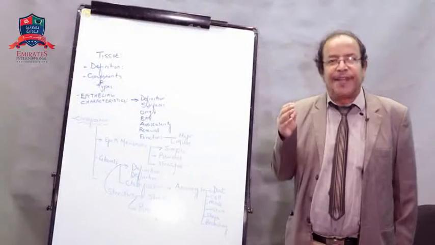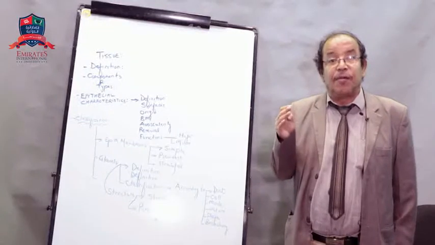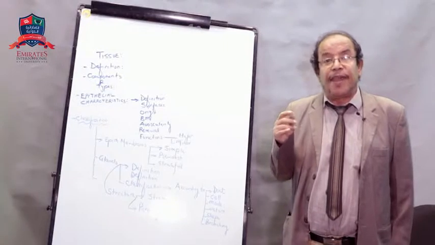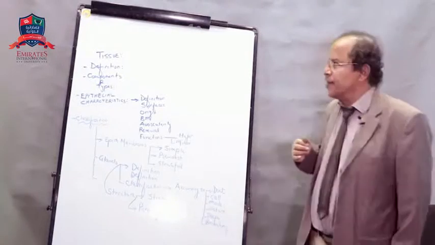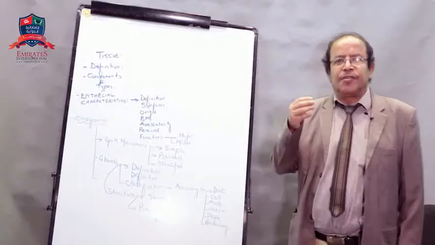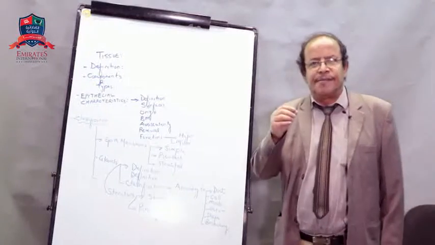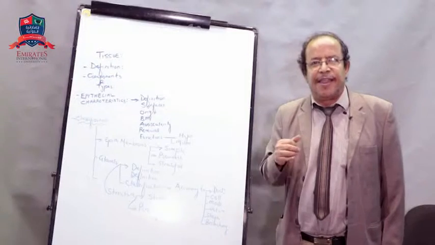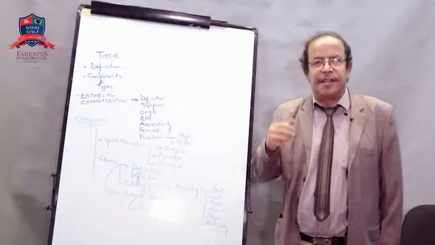We have the epithelial tissue, we have the connective tissue, we have the muscular tissue, and we have the nervous tissue. Every tissue has got cells. Every tissue has got intercellular substances, and every tissue has fluid.